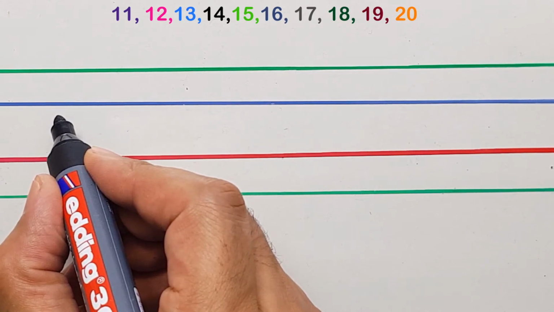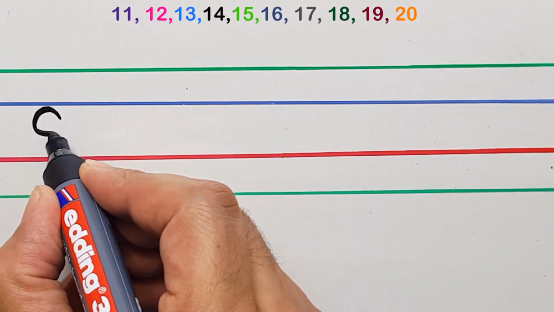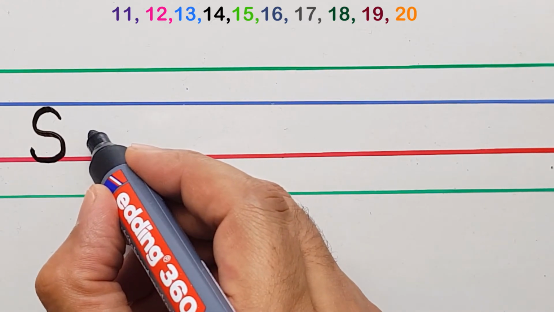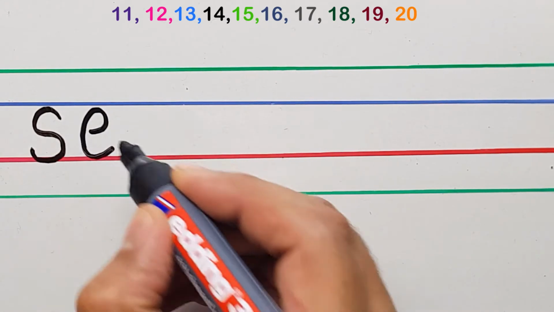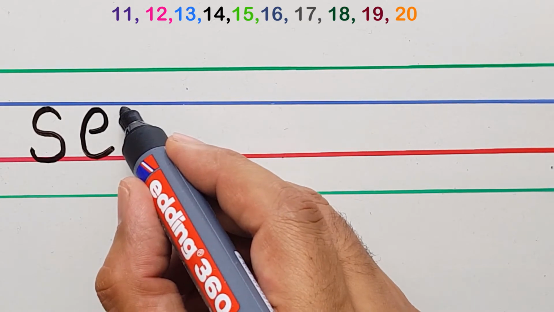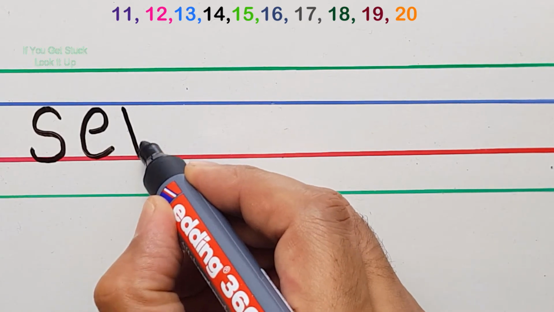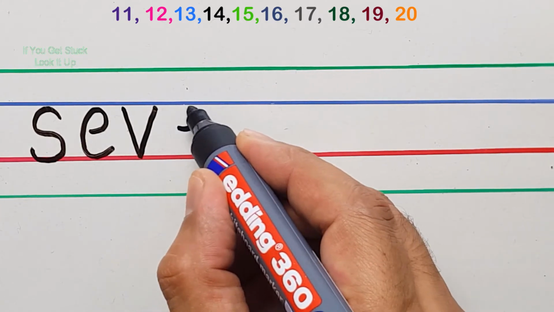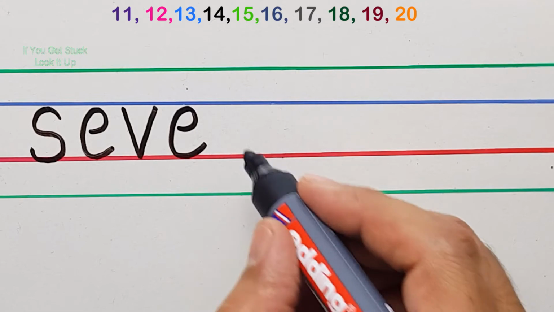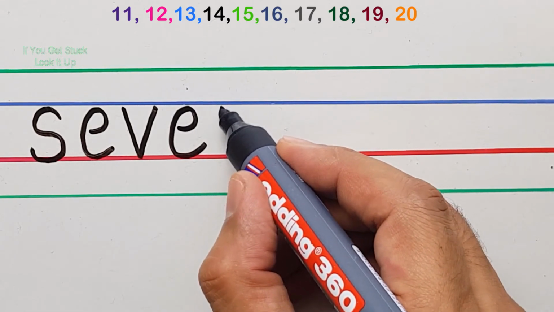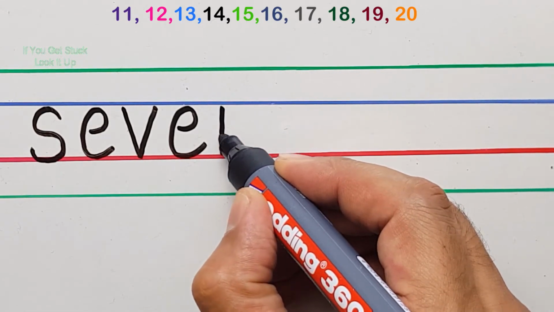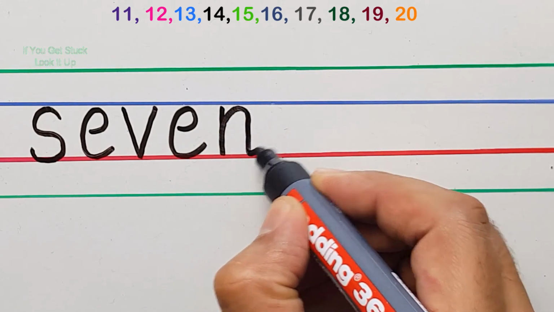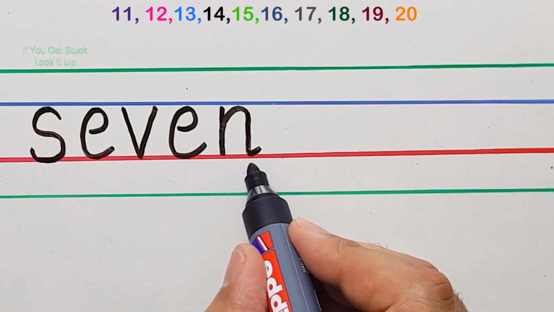17. S is a short letter, so it sits on the bass line. E, V, short letter, to the bass line and back up. Another E, and then we have N. To the bass line, up. As you get towards the top, round off, back to the bass line and flick. So that's your 7.